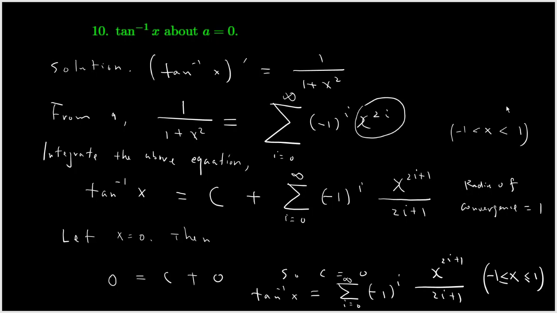To summarize a little bit, now listen to me carefully. To represent inverse tan, the only tool we have is to represent 1 over 1 minus x. You have to differentiate the function, and then you try to represent the derivative of the function, and then you integrate back.